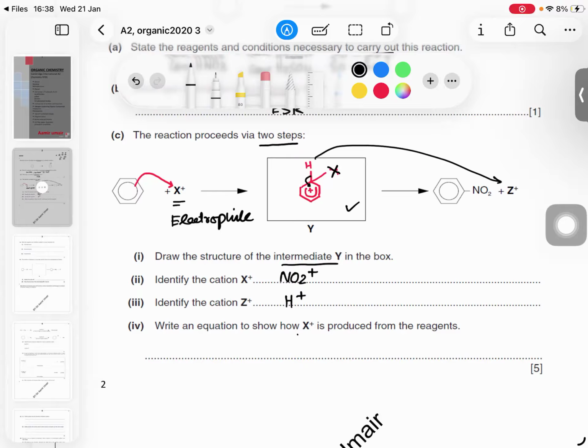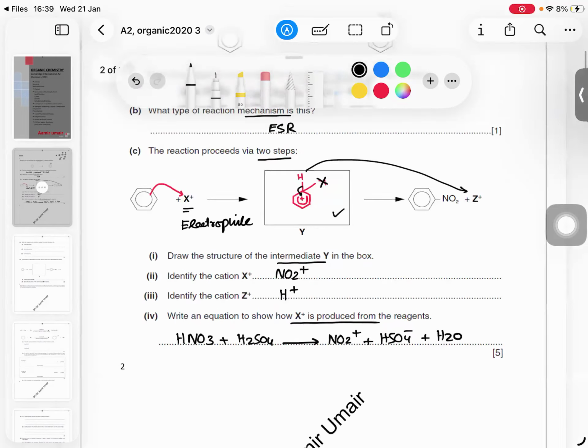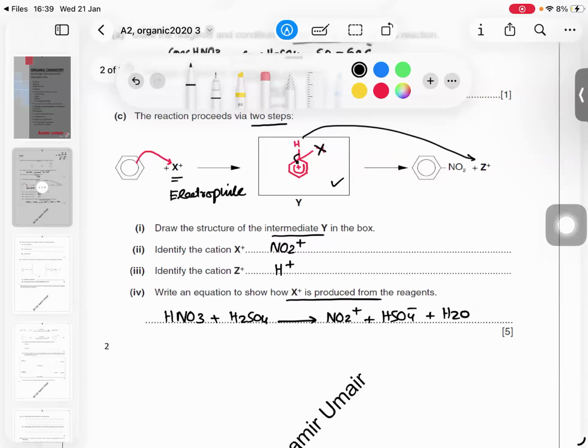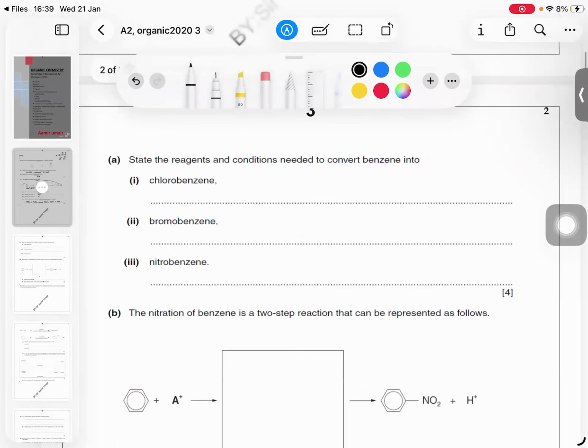Write an equation to show how X positive is produced from the reagents. How is NO2 positive produced? Concentrated nitric acid reacts with concentrated sulfuric acid to form NO2 positive plus HSO4 negative plus H2O. So this is all about the mechanism of nitration, the questions related to that.